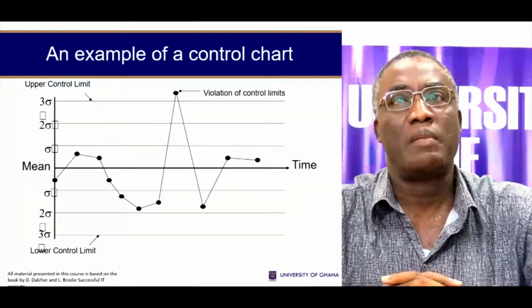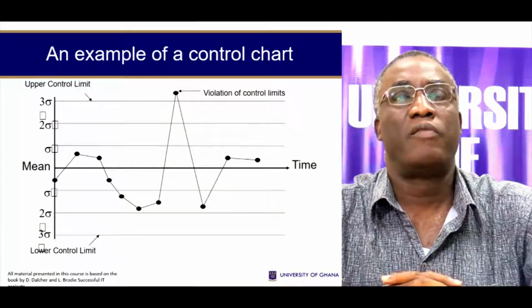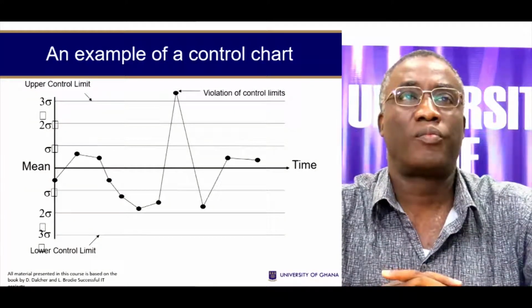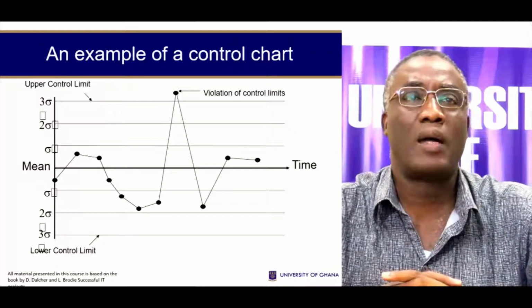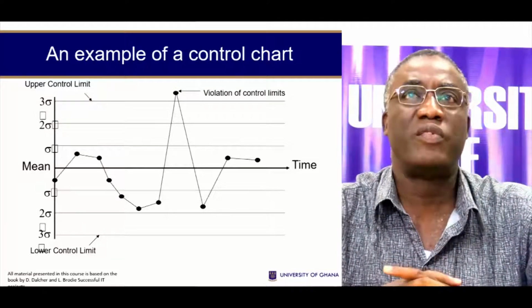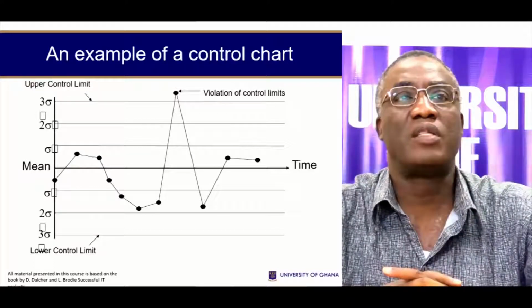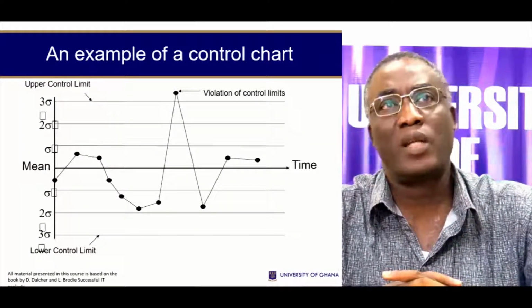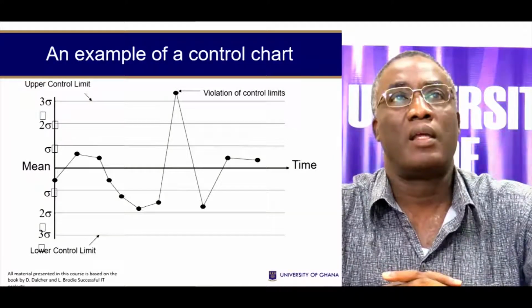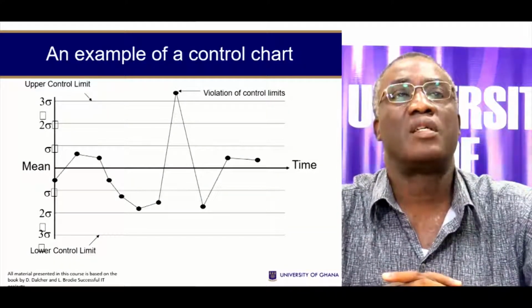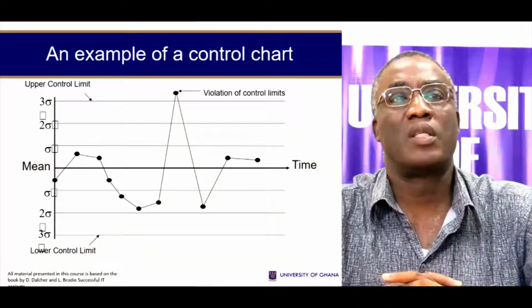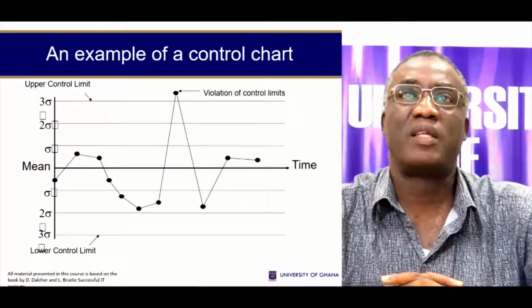So there's a mean value or error value, then it can be one standard deviation lower or above, 2 standard deviations, or 3 standard deviations. So in this particular case, the upper control limit is 3 standard deviations, and the lower control limit is, also, 3 standard deviations.